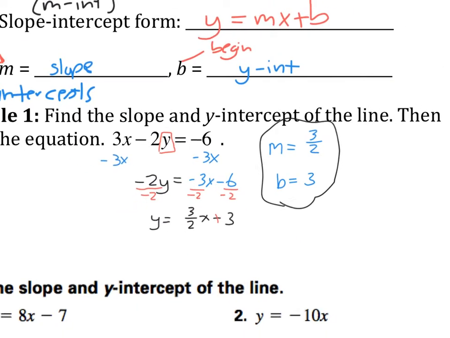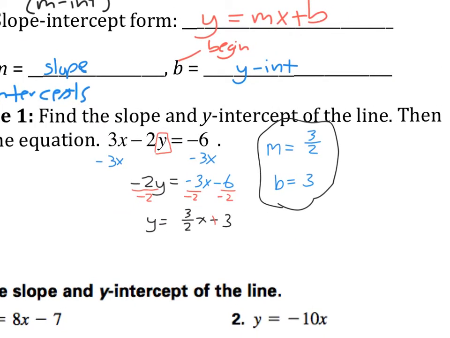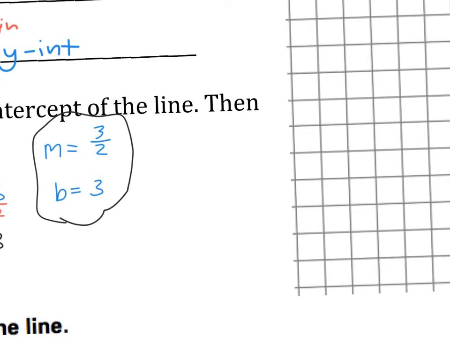Now from here, it does ask me to graph. And this now is my code. This tells me where to begin. I'm going to begin at positive 3 on the y-axis. And this tells me how to move. Just to recollect how I move, this means I go up 3 because it's a positive 3, and then right 2.